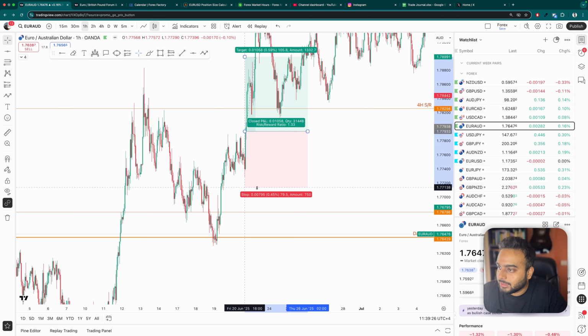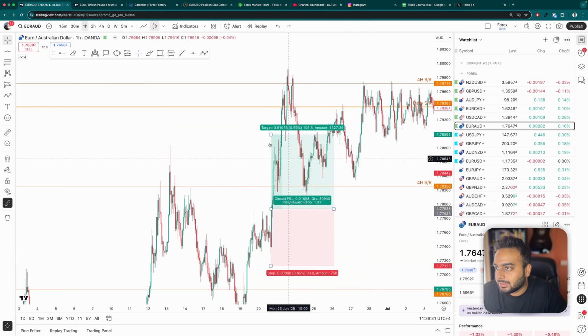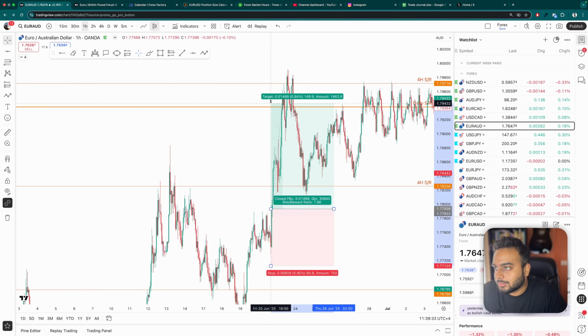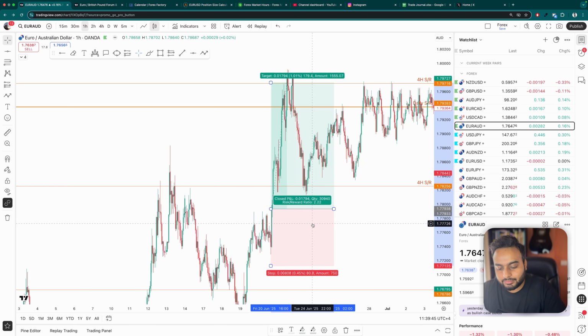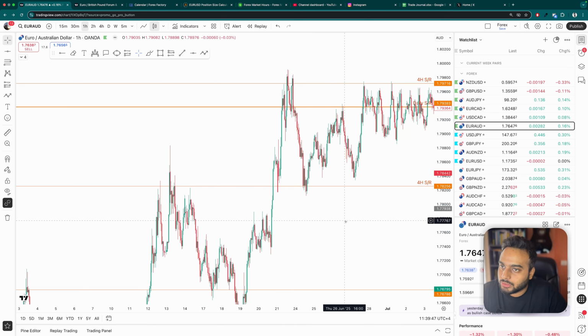Don't get scared by the numbers because this is 1 hour candles and still we close in maybe 1 or 2 days. So easy 1:2. Very smooth. Like this trade happened on Friday and ended on Monday. 2 days.